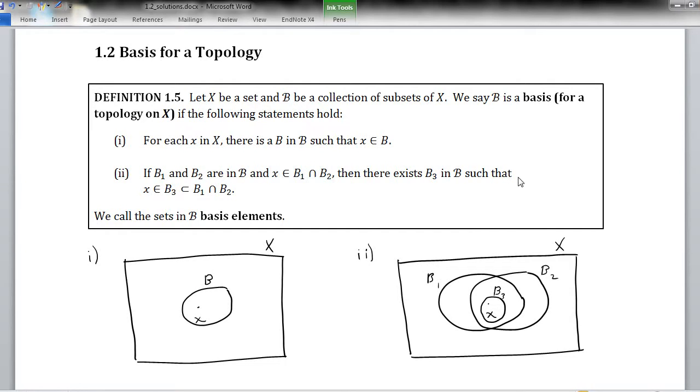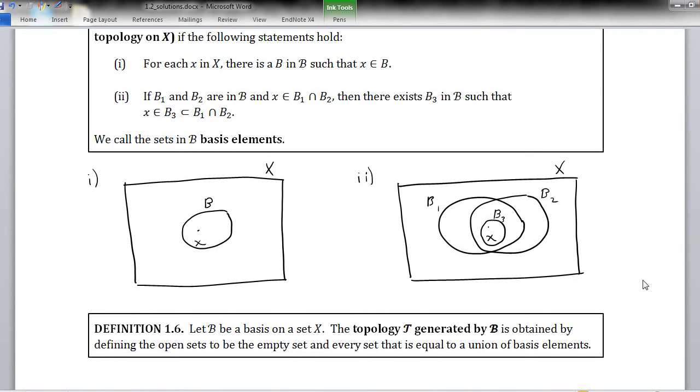And property 2, if we have two elements B1 and B2 in the basis, and an element x contained in both of those, as you see pictured on the right here, then there must exist another basis element B3, which both contains the point x and is contained in the intersection of the basis elements B1 and B2.